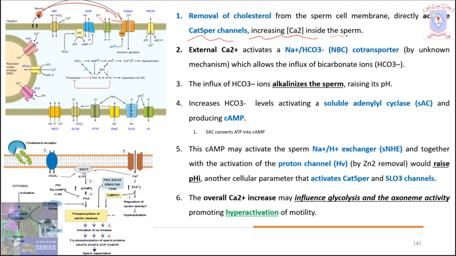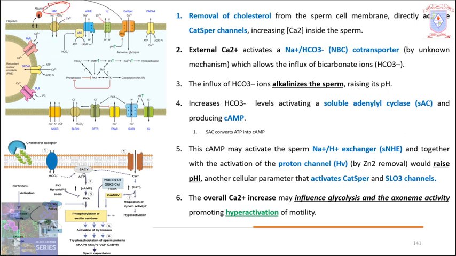influx of calcium from the outside, that is the female reproductive tract, to the sperm takes place. At the same time, the calcium present on the outside activates a channel on the plasma membrane named sodium HCO3 minus cotransporter. It's named as NBC. Here you can see this NBC.